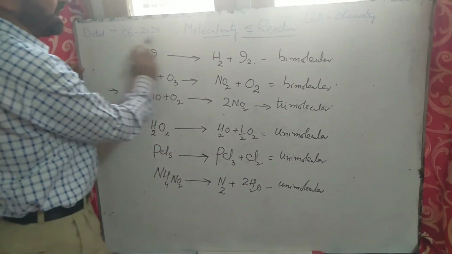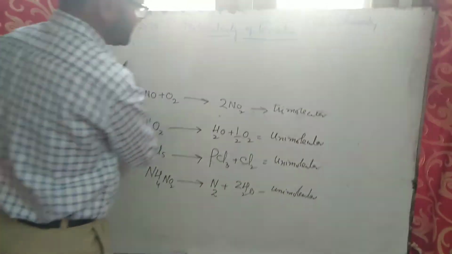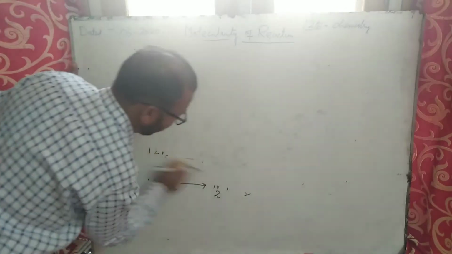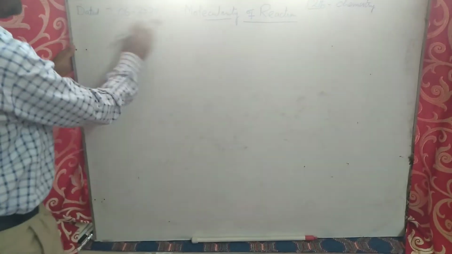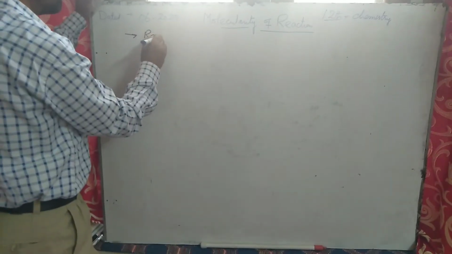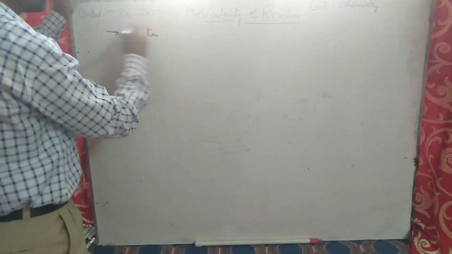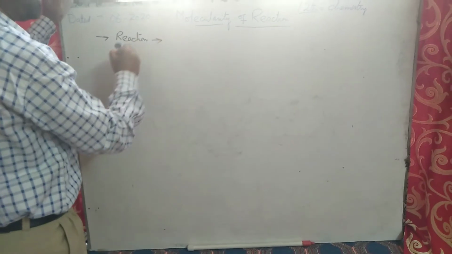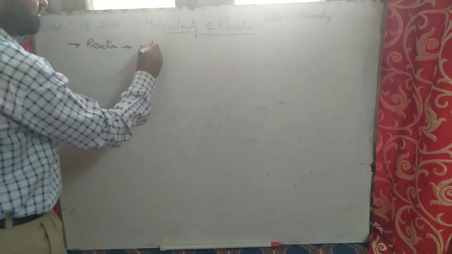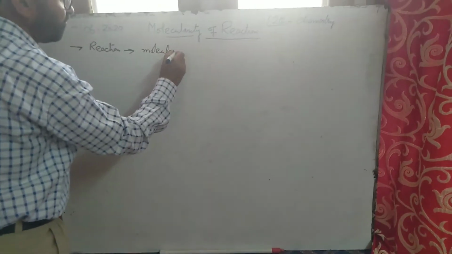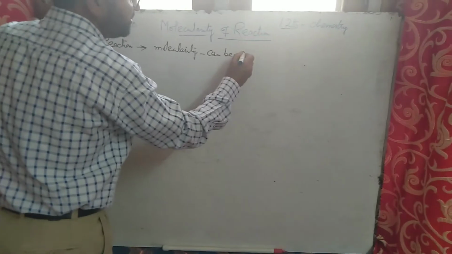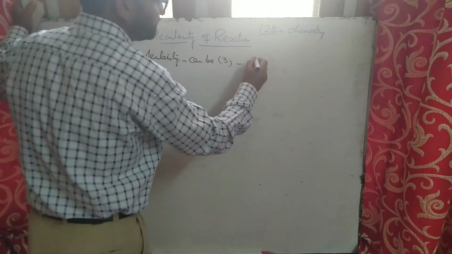For example, we can expect reactions in which the molecularity can be 3 or 4, and so on.